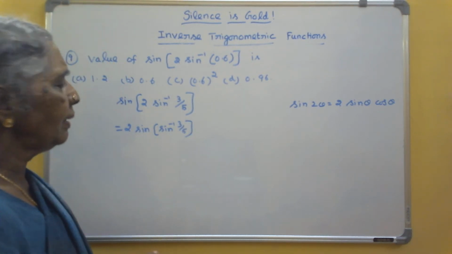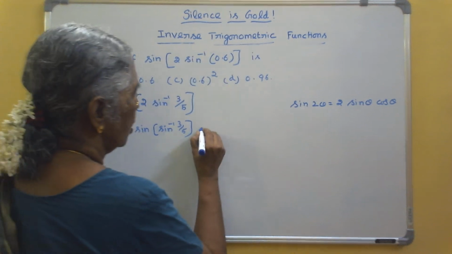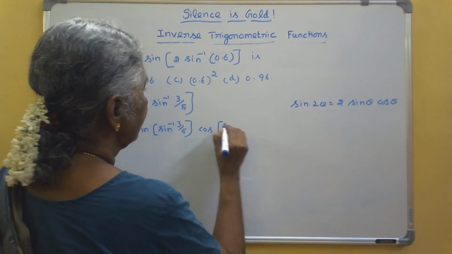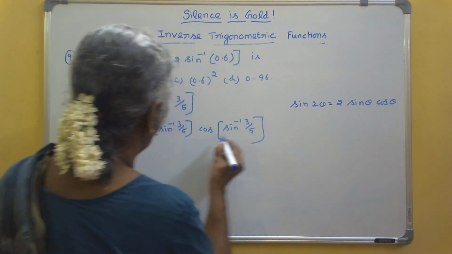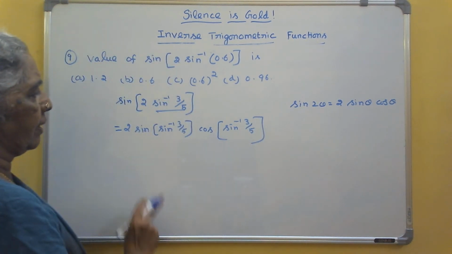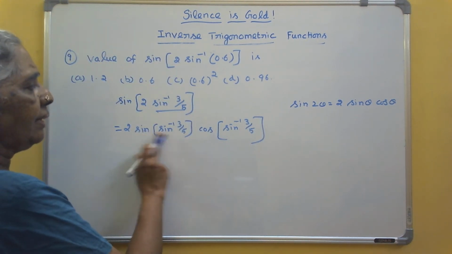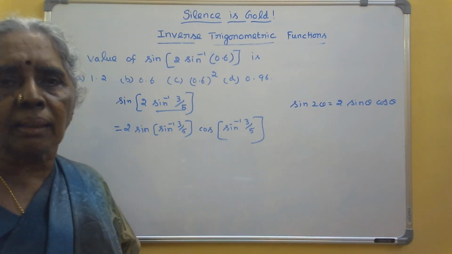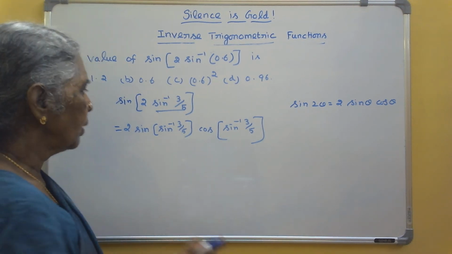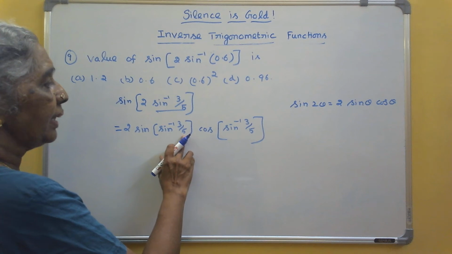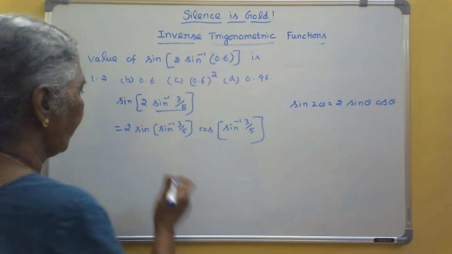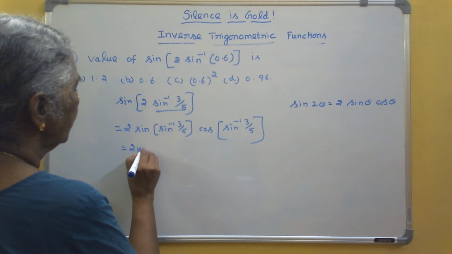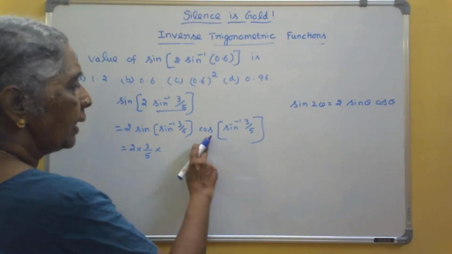Then cos theta, so cos, in the place of theta, I will again have sine inverse 3 by 5. So this is the theta for us. So 2 sine theta cos theta. Now, this is sine of sine inverse 3 by 5, that will be equal to 3 by 5. So this is 2 into 3 by 5. Let us come here.